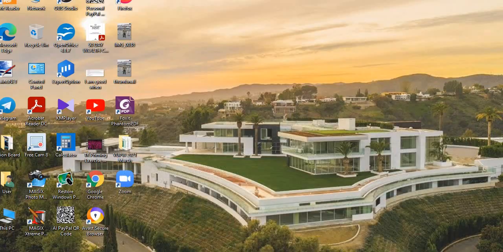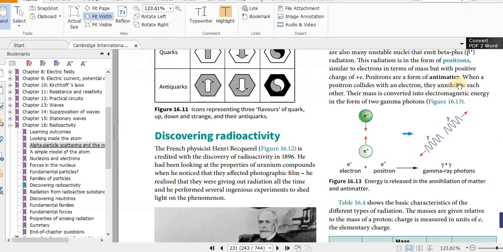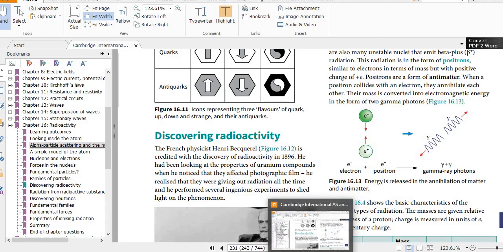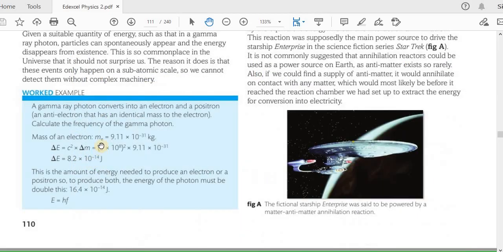If you look at this diagram, it's not just one. You get two gamma ray photons, and also you have two particles here, the electron and the positron. So in the equation itself, we can multiply this mass by 2 and we will get the answer 16.4 × 10^-14 joules directly.